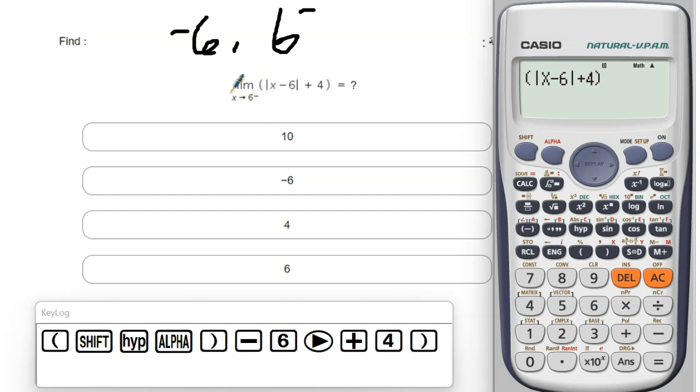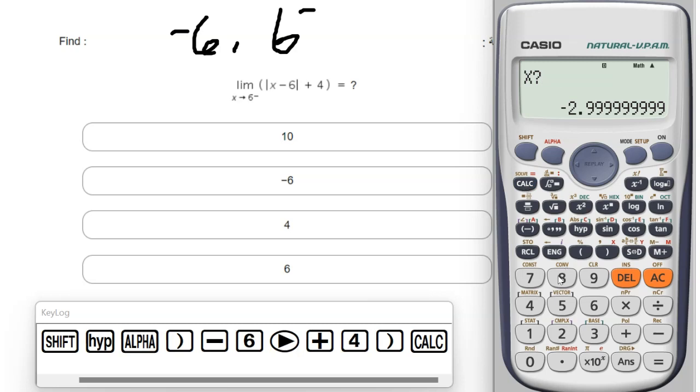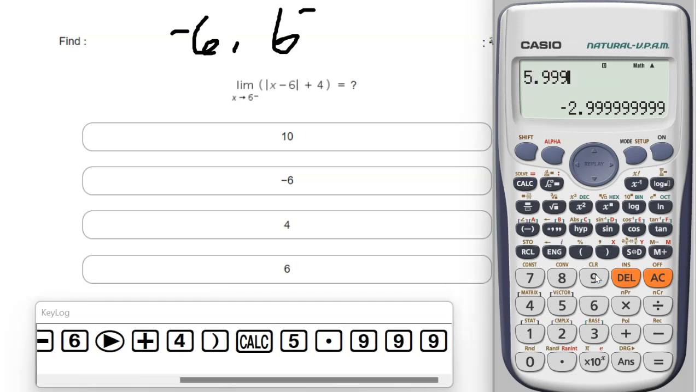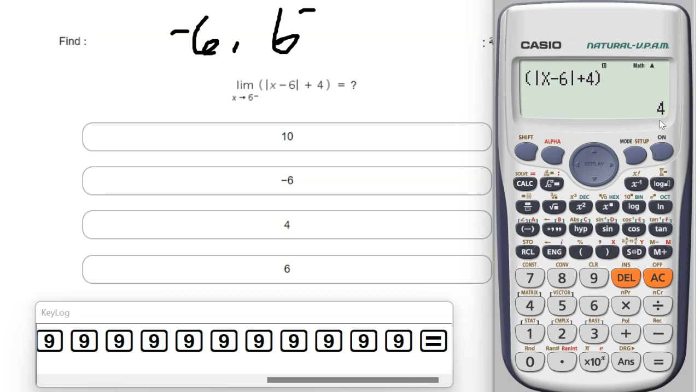And it approaches from the left, so it's coming from the left hand side. We are going to calculate, and we are going to put in 5.999999 because it's coming from the left hand side. It doesn't get to the 6. And here the answer is 4. So within a second, the calculator has given us the answer.